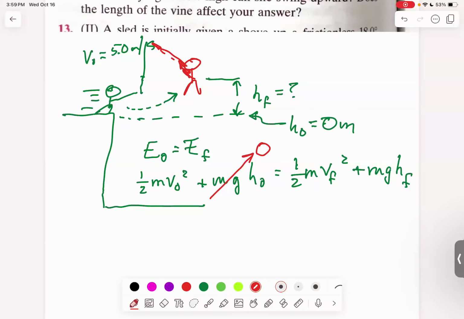The other thing that we probably already know is that when she swings to this upward spot, she's going to max out her height, and she's no longer going to have any velocity. So in that case, the final velocity is 0. So again, let's rewrite this. So we have 1/2 mv naught squared is equal to mgh final.